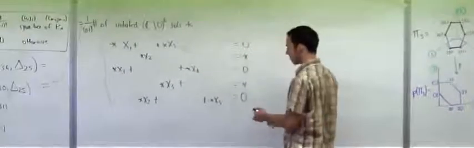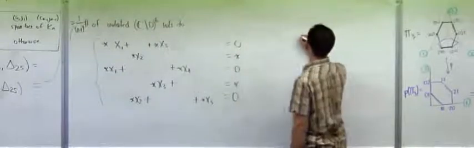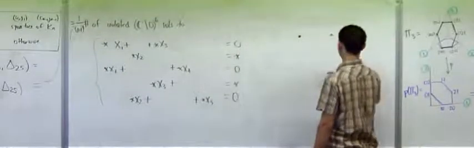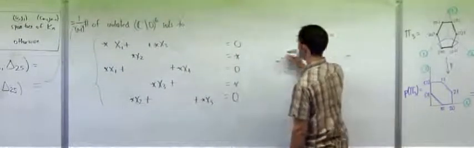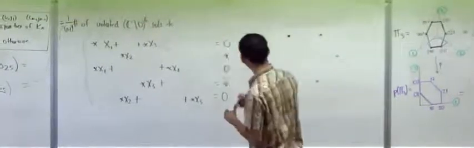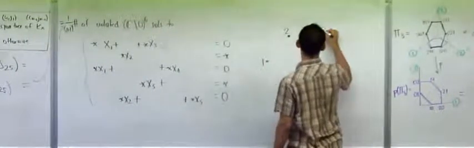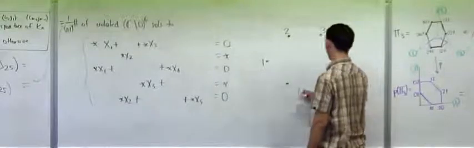Let's draw the corresponding graph. Maybe let's make it big over here. So maybe this is 1, 2, 3, 4, 5, and 6.